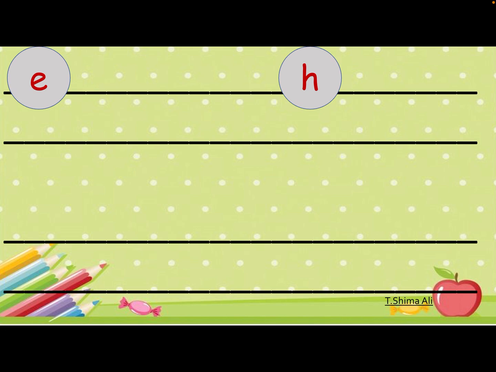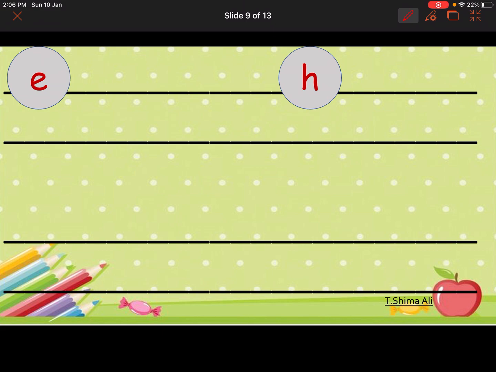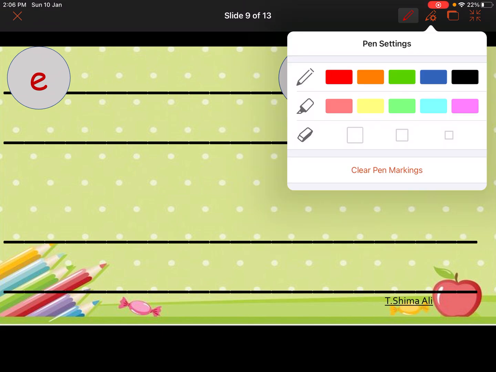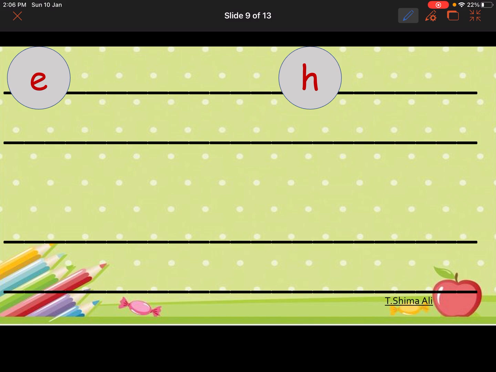Now I will show you the capital letters for different sounds. First we have the sound for egg, for elephant. So this is the small sound. Now I will show you how we write the capital letter of E. Okay, we use line 1, 2, 3, then here.